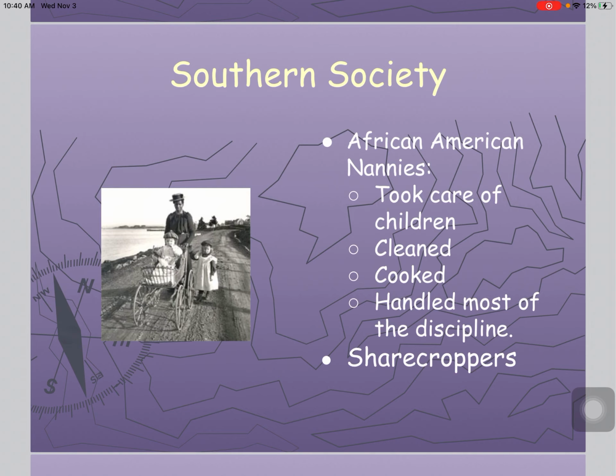And basically what they ended up doing is working for landowners, usually former slave owners, but instead of working for free, they were supposed to get a portion of the crops or profits. But that wasn't always the case. It was basically a way of keeping poor people poor. And we'll talk more about that as we read an article this week.